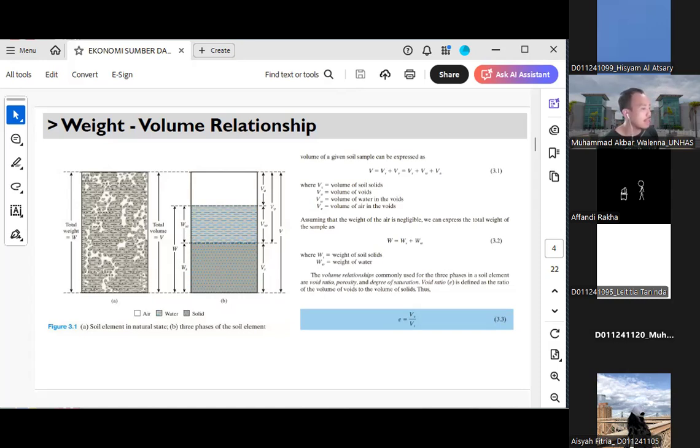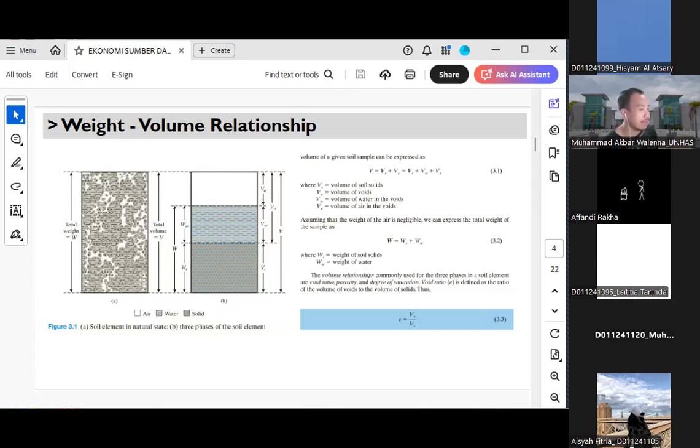It also has empty spaces between the grains, and these spaces are called voids. In Indonesia we call it poros. These voids can be filled with water, with air, or with both of them.